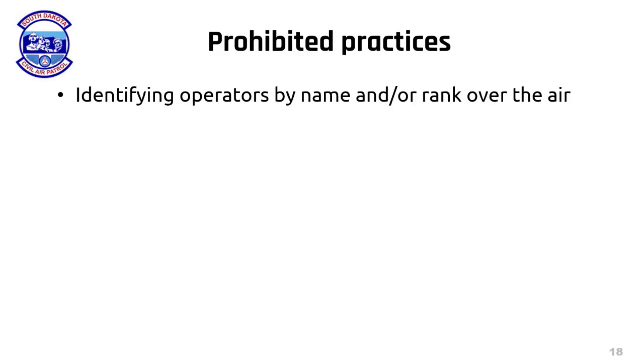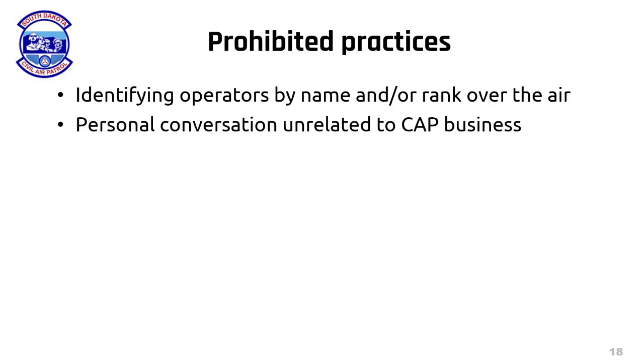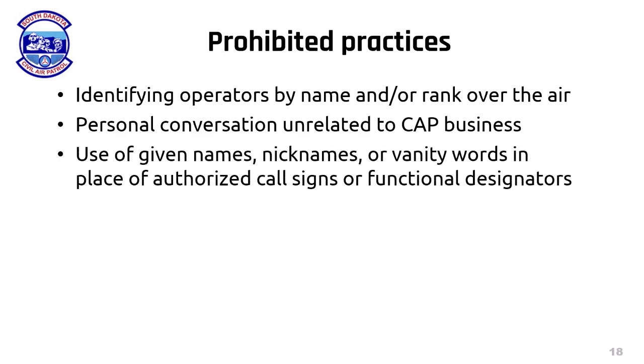We use their call sign or their functional designator. Personal conversation unrelated to CAP business is not appropriate and is prohibited. That's not likely to happen on a mission, but it's prohibited all the time. Use of any kind of names, nicknames, vanity words in place of authorized call signs or functional designators is prohibited.